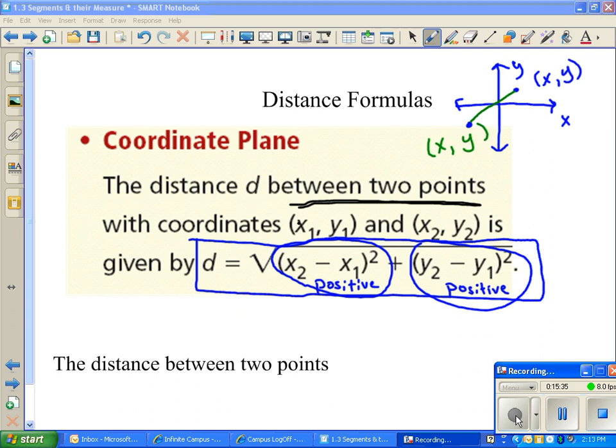The 2's are grouped together, the 1's are grouped together. It doesn't matter which ones you call the 1's or the 2's, you're going to get the same answer, as long as you group them together in the x1 and y1 spot, and the x2 and y2 spot.